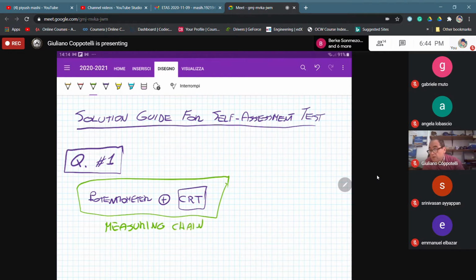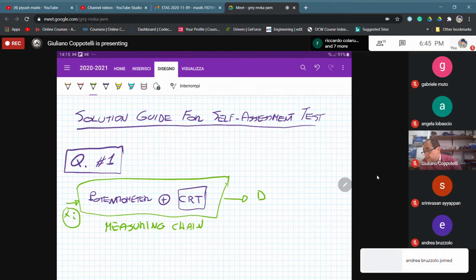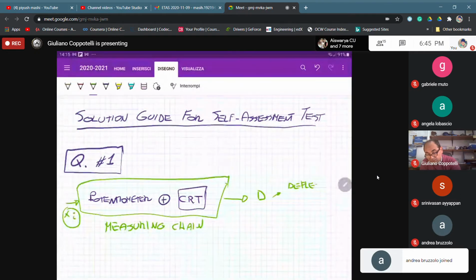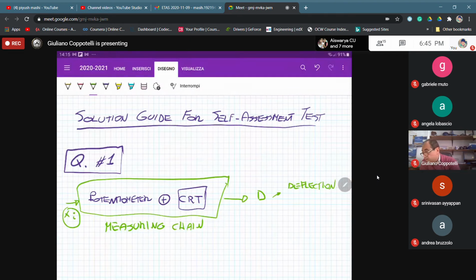We receive as input your unknown displacement xi, which could be measured by your potentiometer, and the output of that will be the displacement d, that is the deflection of the electron beam on the screen.